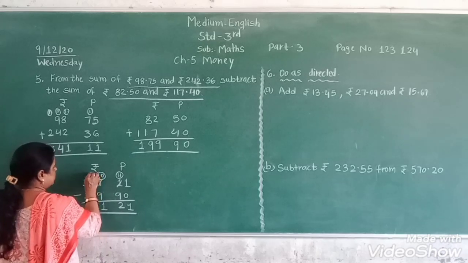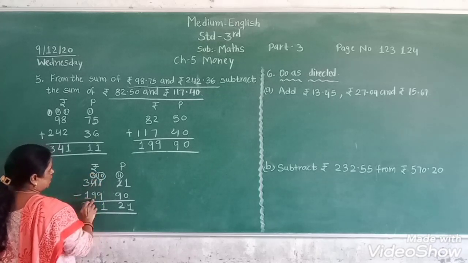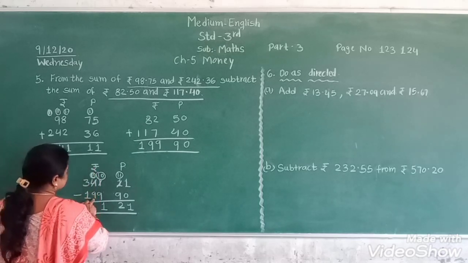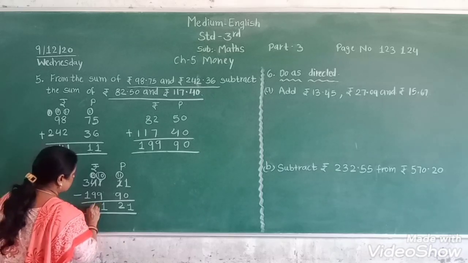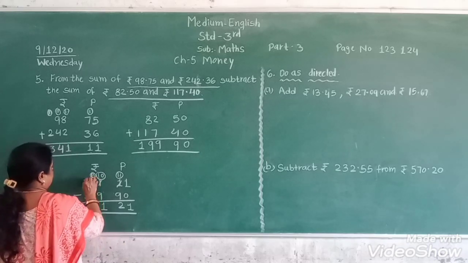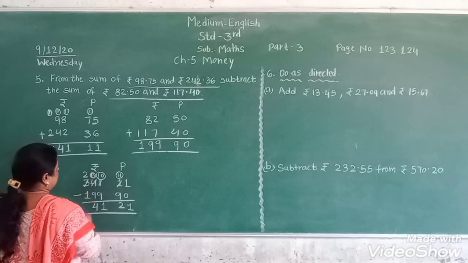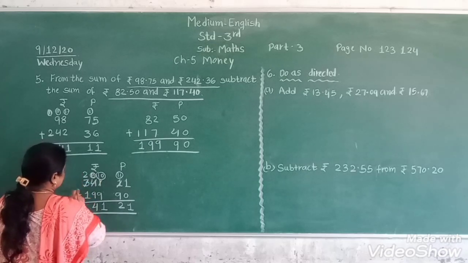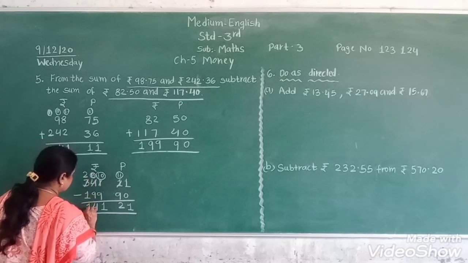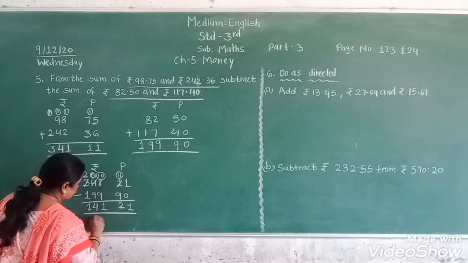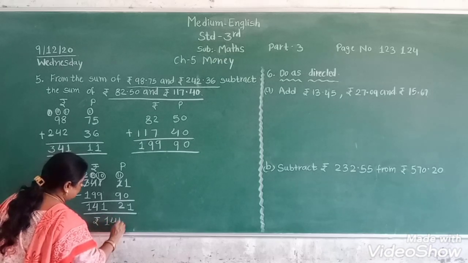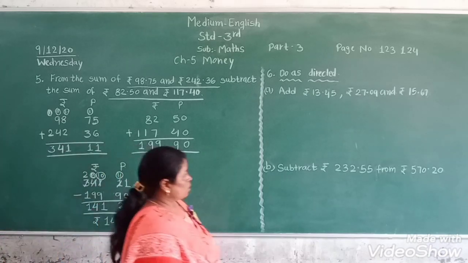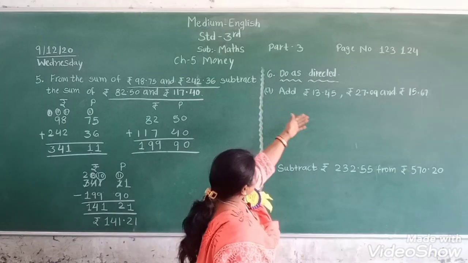Here 3 is left, so 9 cannot be subtracted from 3, so we take a borrow again, 13. 13 minus 9, 4. And here we take a borrow, so the number is 2, 1 left, 2 minus 1, 1. So, rupees 141 and 21 paise. Okay.